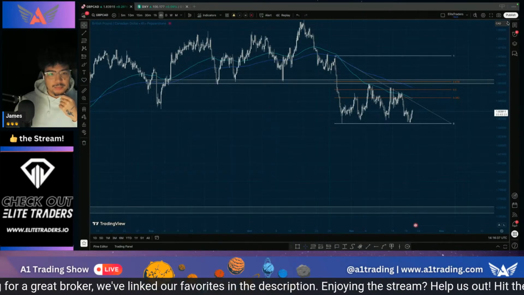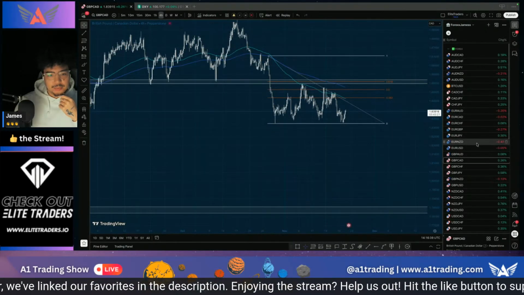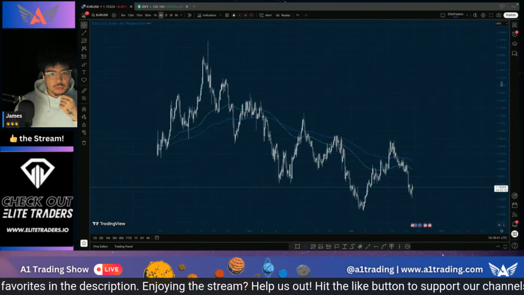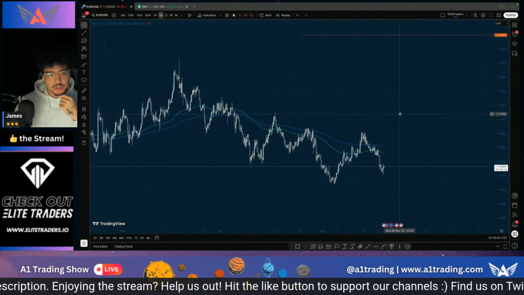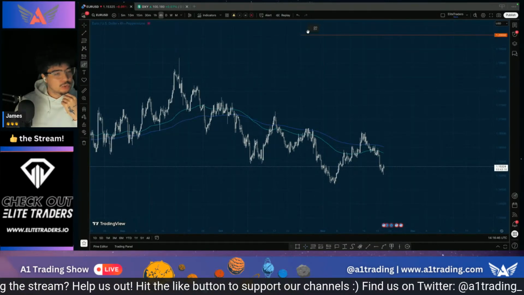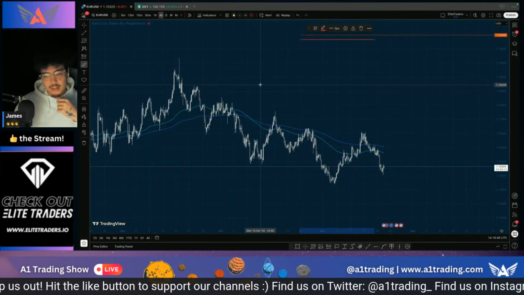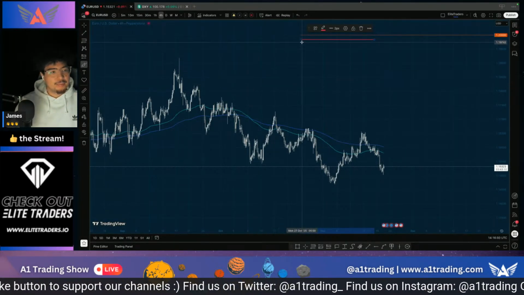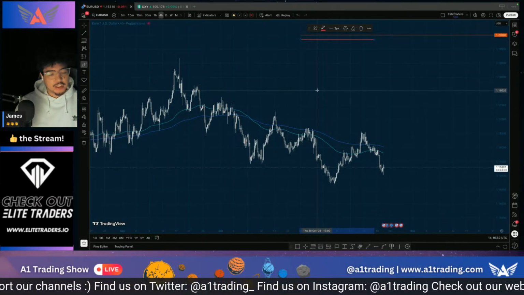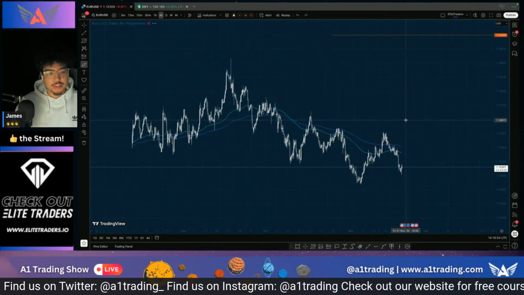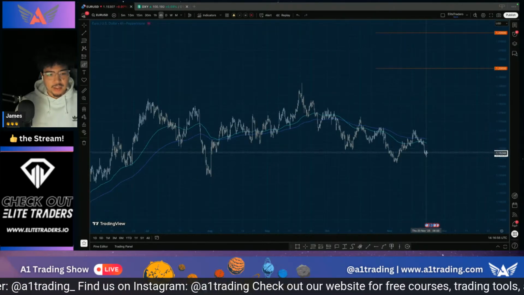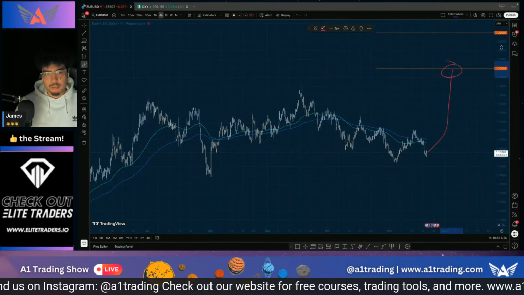Euro dollar. Yeah, we can have a look at euro dollar. I don't really have much on euro dollar short term. I think 1.2 still remains quite attractive. However, it is going to depend on central bank movements in 2026. However, at the moment, it wouldn't be a huge shock to me if we do reach 1.2.